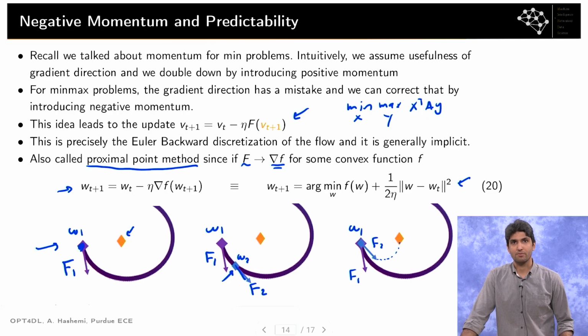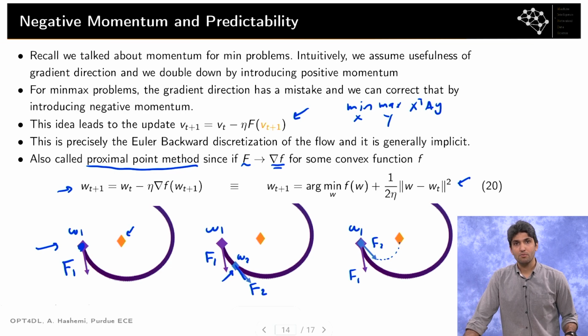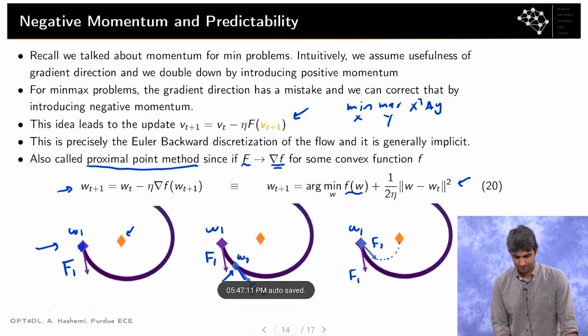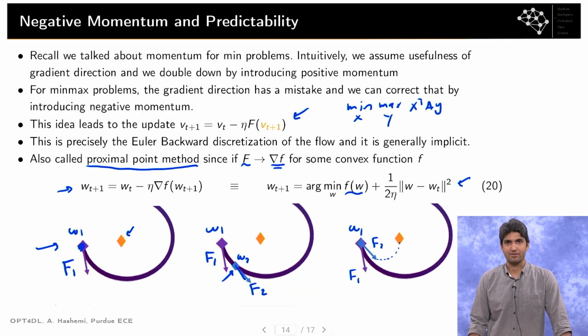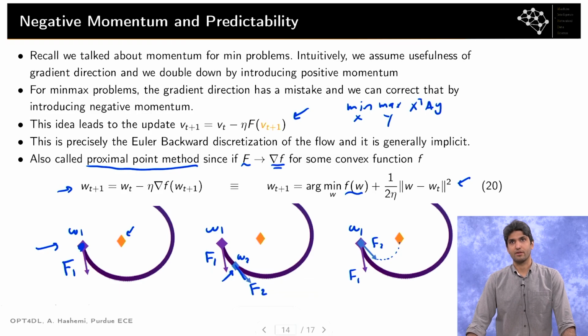So the next solution tries to minimize the original function plus some regularization term that aims to ensure we remain in the proximity of the current solution w_t. That's why it's called the proximal point method. And again, in general, solving this problem is as hard as solving the original problem. So in general, this is also an implicit method, unless f has some nice structure.